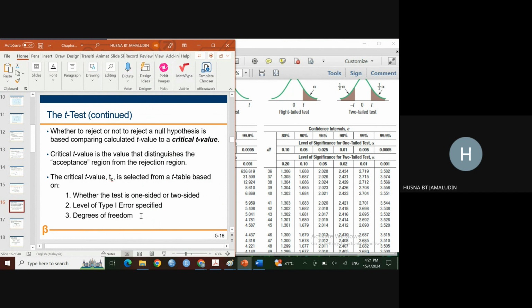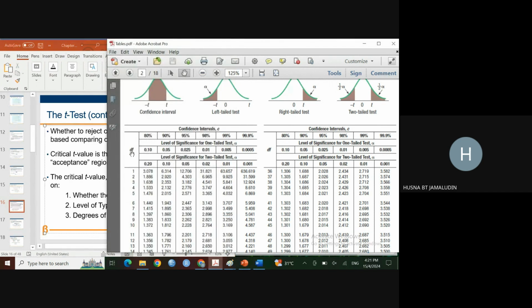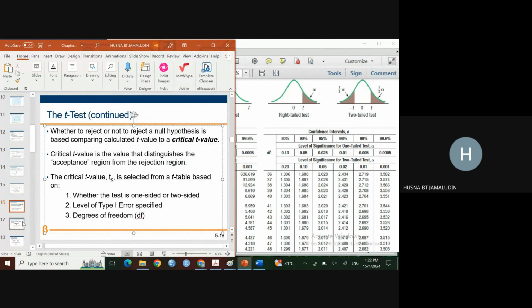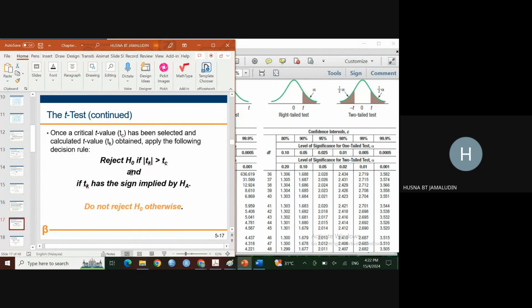Degree of freedom, normally written DF. Why do you need degree of freedom? Because it will tell you which value you are going to pick. From the degree of freedom, you then match with one-tail or two-tail test. If you don't know the degree of freedom, you cannot find the CV value. Okay, so far so good.